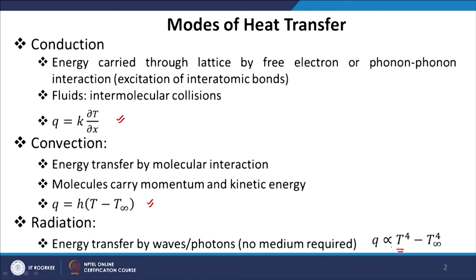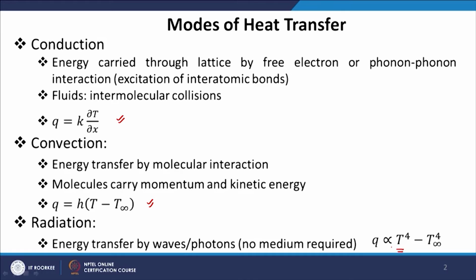Whenever we have high temperature applications, the effect of radiation is going to be important because it depends on the fourth power of the temperature. There are many aspects that make radiation much more difficult and different from the other two modes of heat transfer, that is conduction and convection. So, we will learn what those factors are that make radiation different and challenging from a heat transfer point of view.